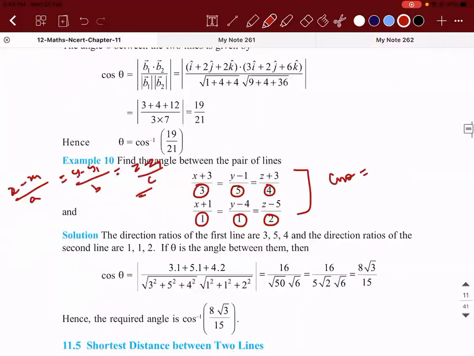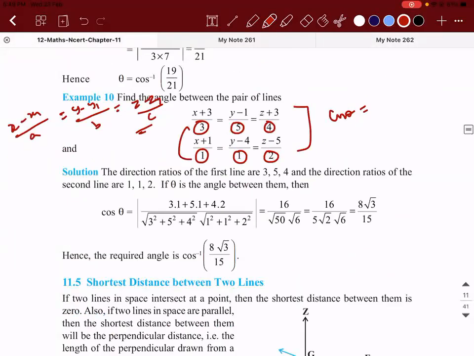A1A2 plus B1B2 plus C1C2, that is 3 into 1 plus 5 into 1 plus 4 into 2, the whole divided by the square root of 3 square plus 5 square plus 4 square. How much is that? 9 plus 25 is 34. 34 plus 16 is 50.